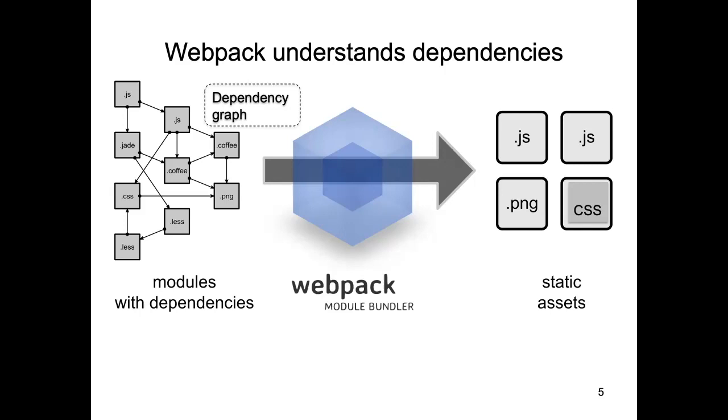You can actually control that. Sometimes you may not want separate bundles for your CSS and your images. You want those included in the JavaScript bundle, and Webpack can take care of that as well. So that's the idea behind Webpack.